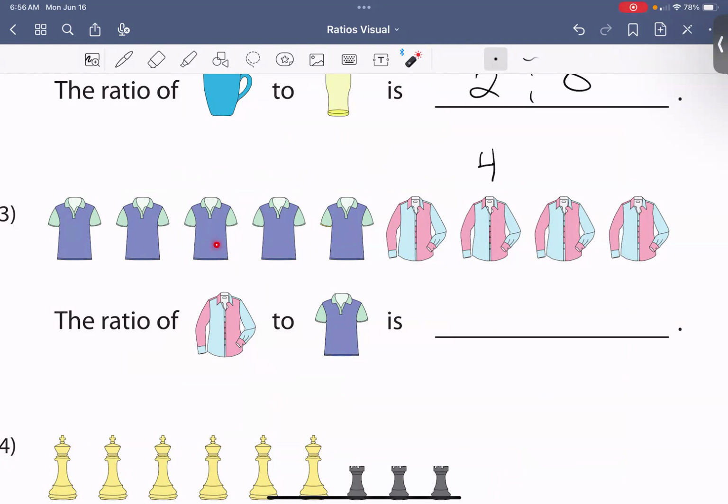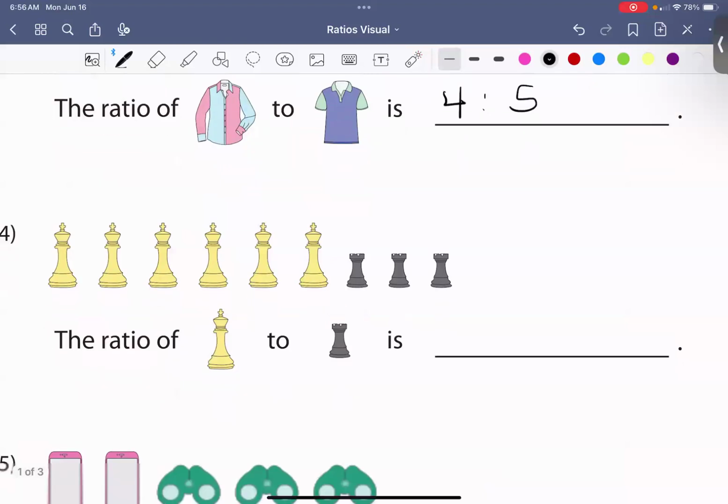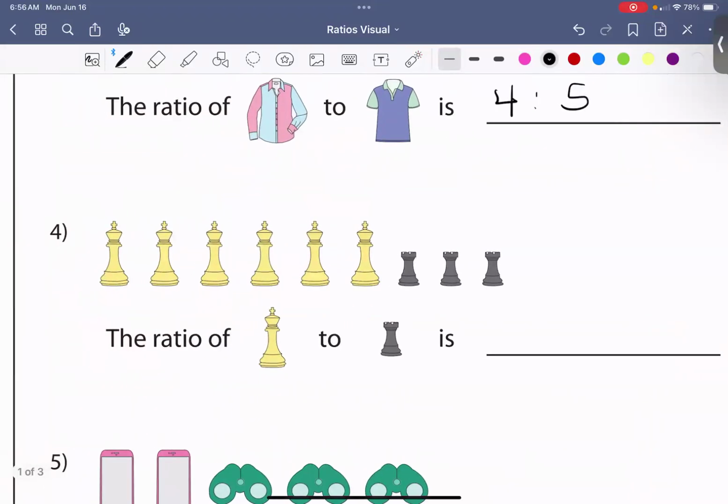One, two, three, four, five. We have five. So let's see. So the ratio of this shirt, which is this, is 4. And then of the other shirts, one, two, three, four, five, is 5.